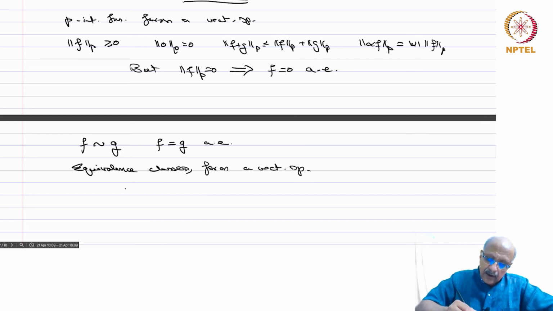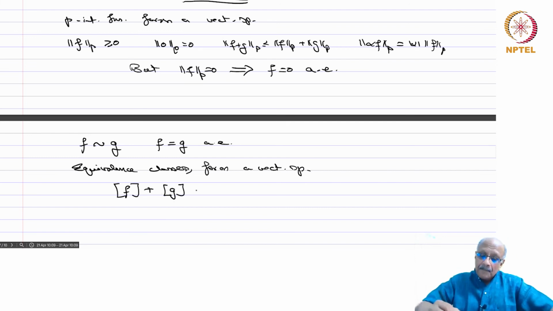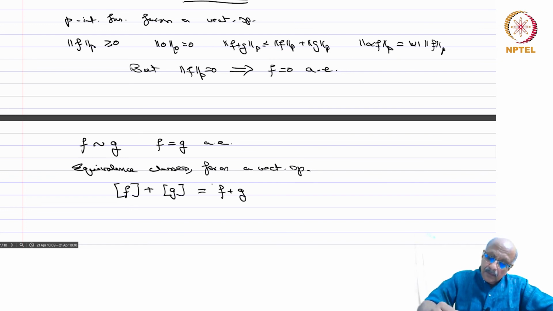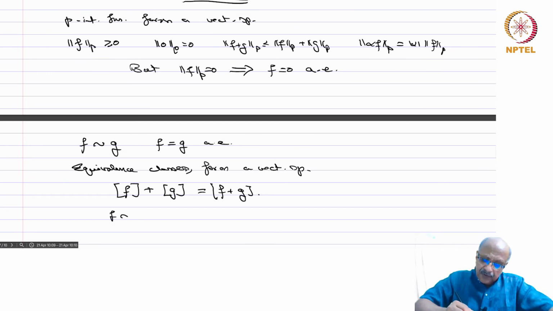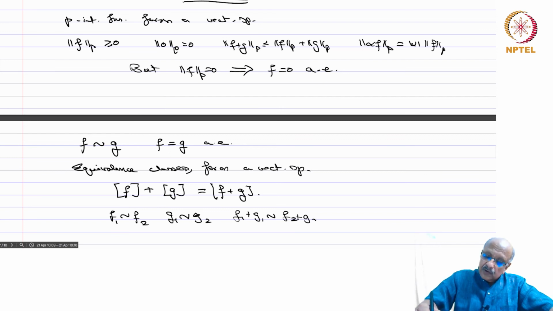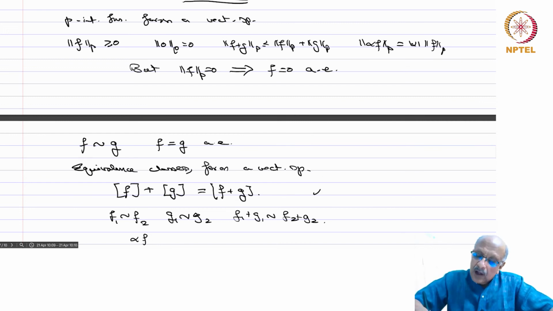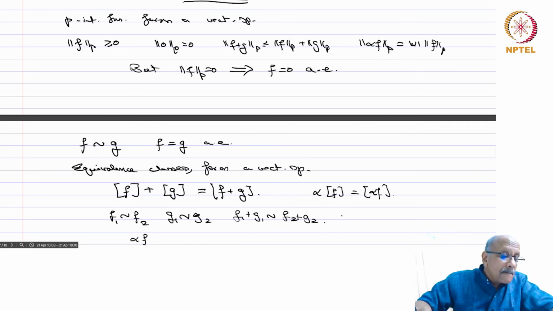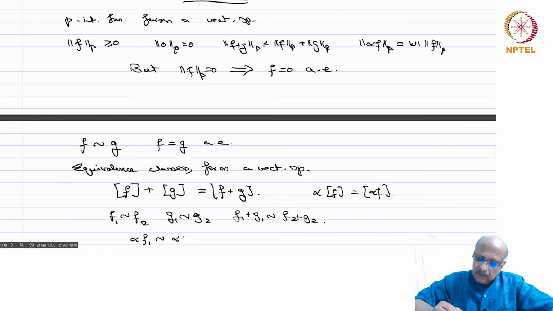If you take two equivalence classes, say f and g, and take representatives, this works, because if f1 is equivalent to f2, g1 is equivalent to g2, then f1 plus g1 is equivalent to f2 plus g2, and alpha f1 is equivalent to alpha f2.